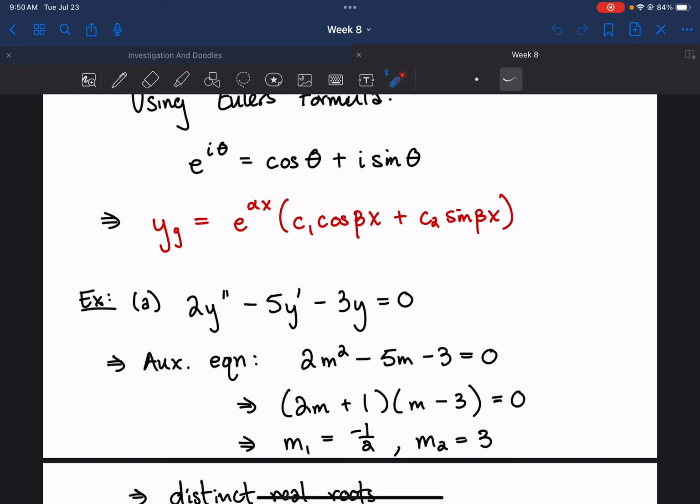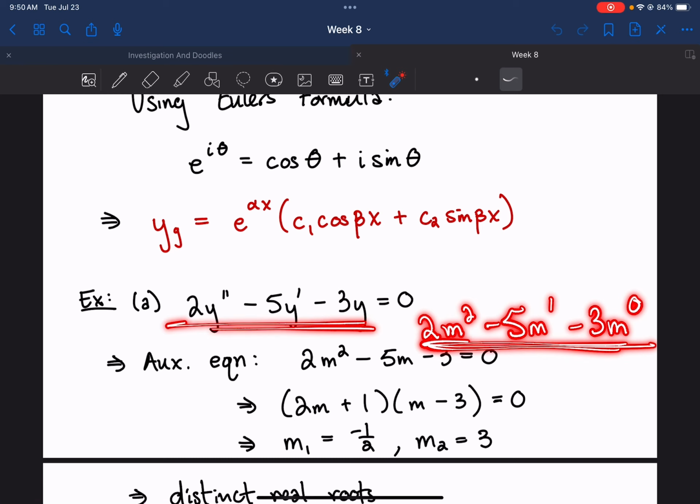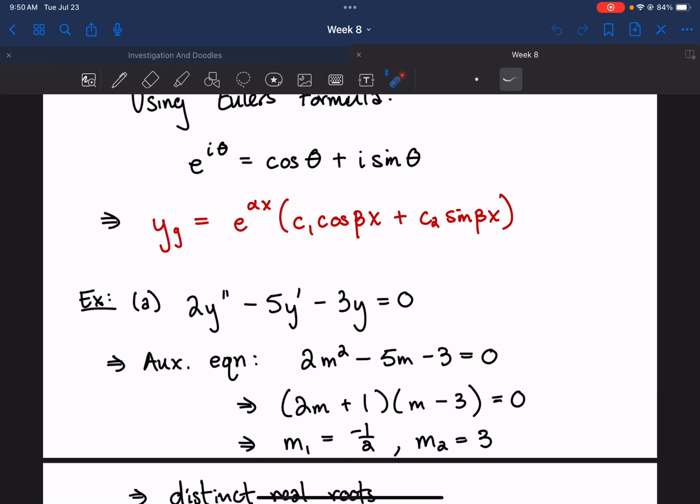This is technically 2m squared minus 5m to the first minus 3m to the 0. So just remember, every derivative on a y gives you a power of m, and no derivatives gives you an m to the 0.